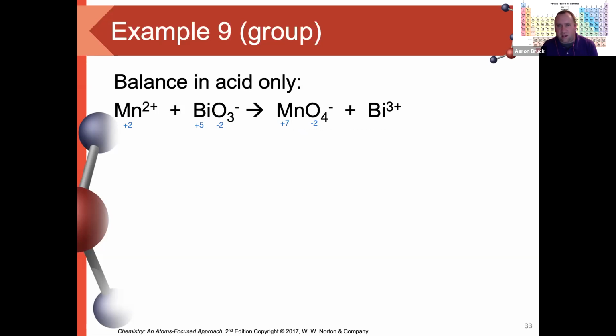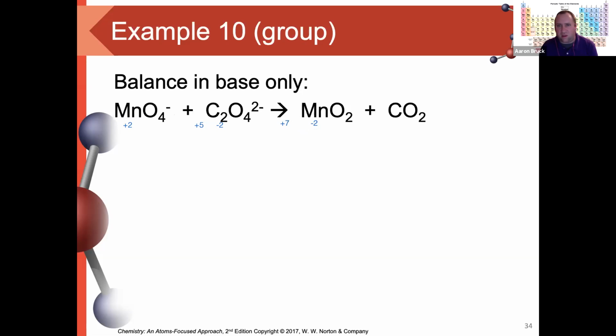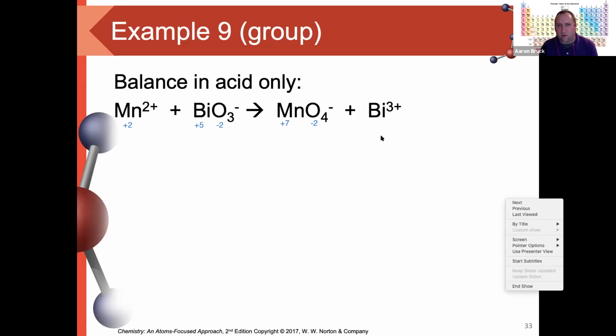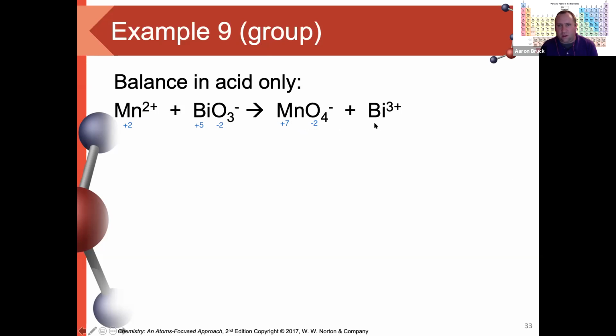And in the bismuth, it's a +3. So this is our process. We've got everything set up. Now we just need to break it up into half reactions.